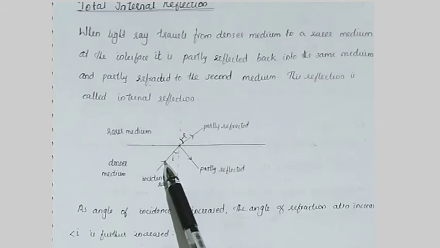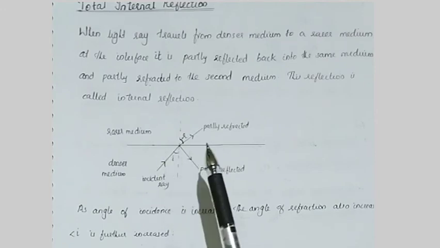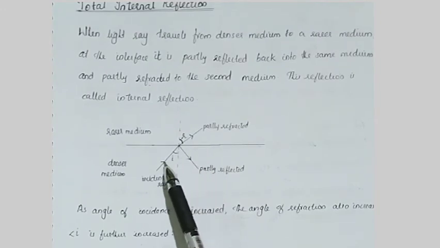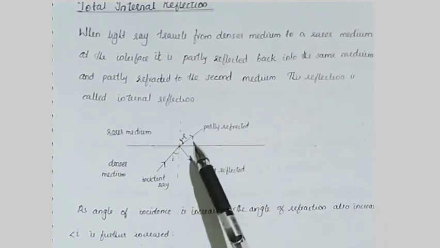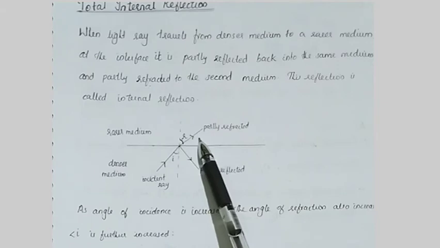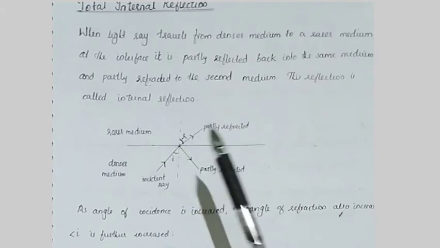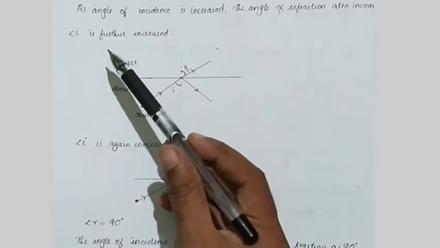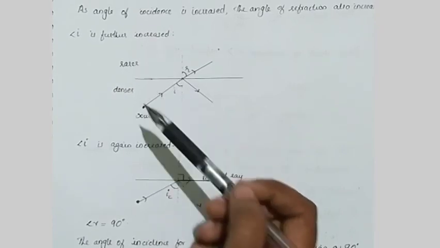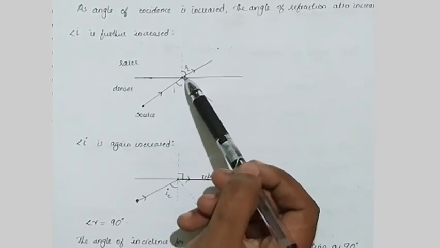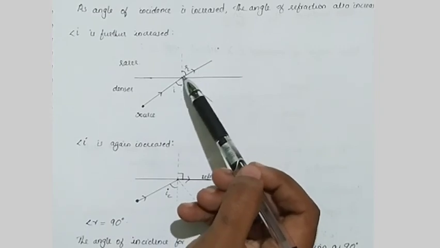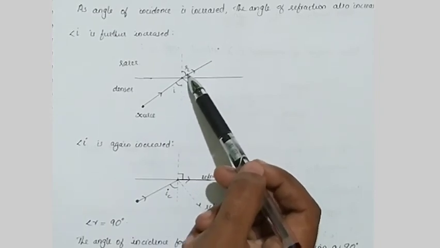If we further increase the angle of incidence, the refracted ray gets further deviated from the normal, and the angle of refraction also increases.